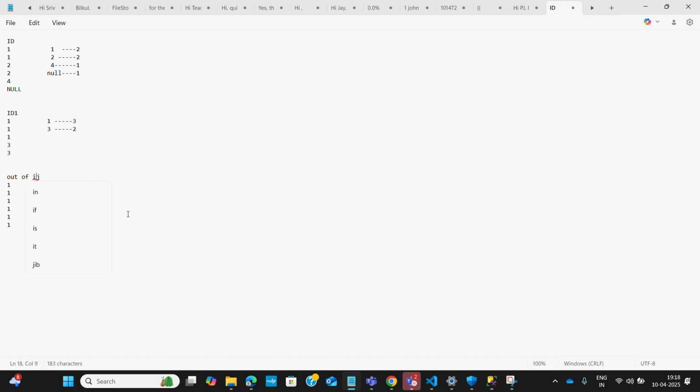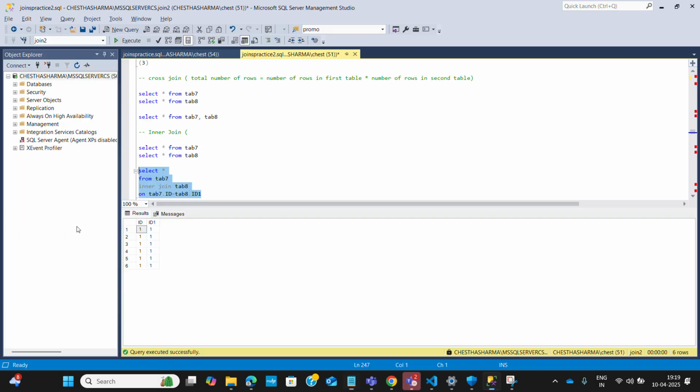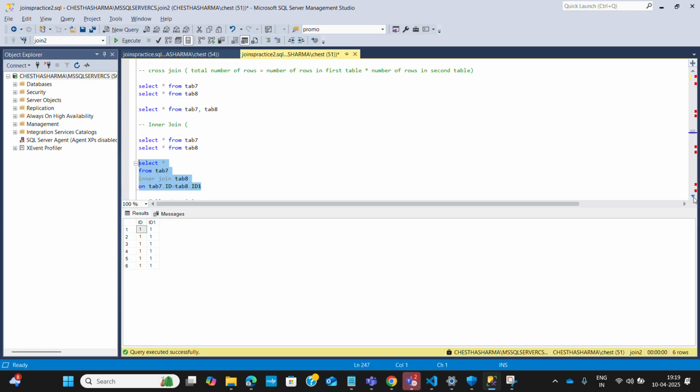And then output of left join would be what? Output of inner join plus 2 and 2 and then 4 and then null also. This would be the output of left join since 2 was coming 2 times and 4 was coming 1 time. Let me just verify this.